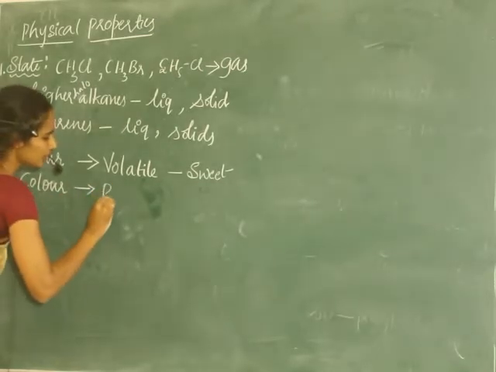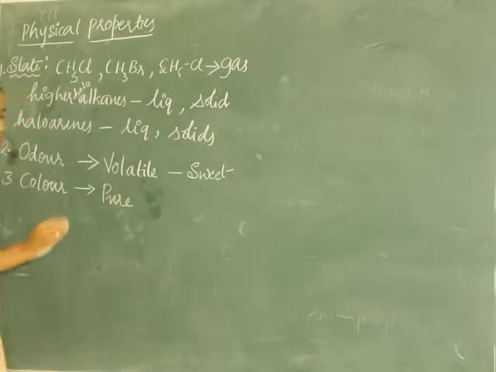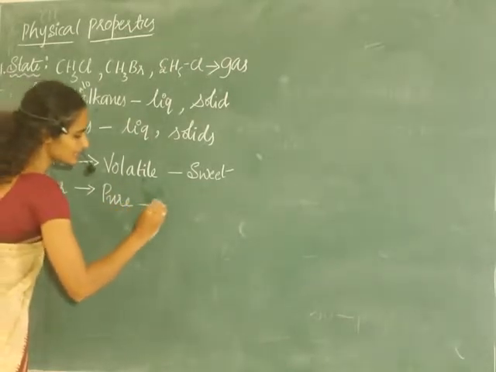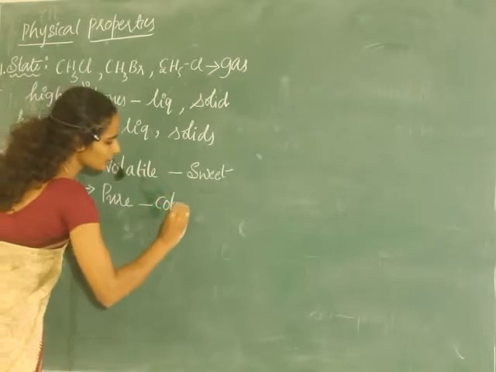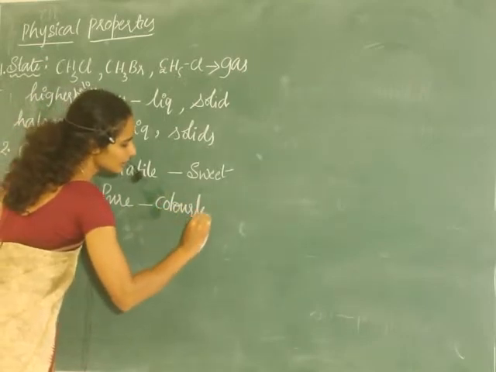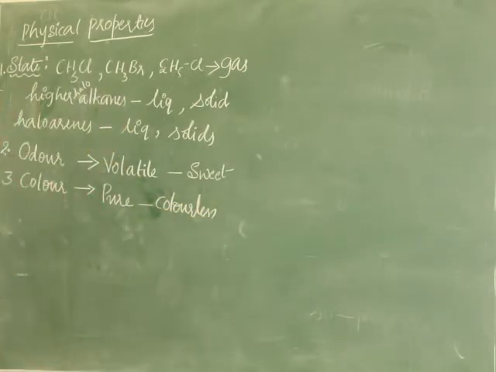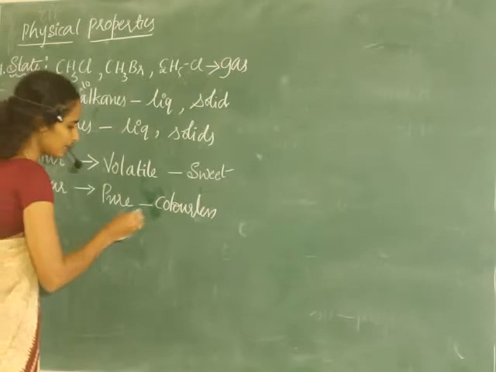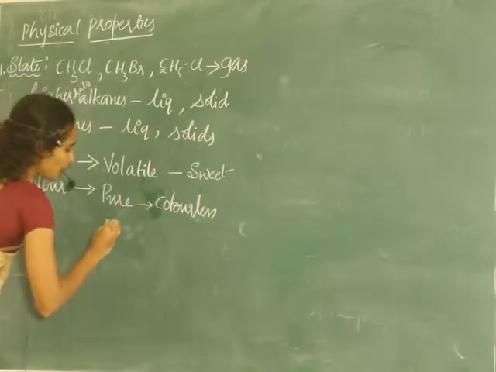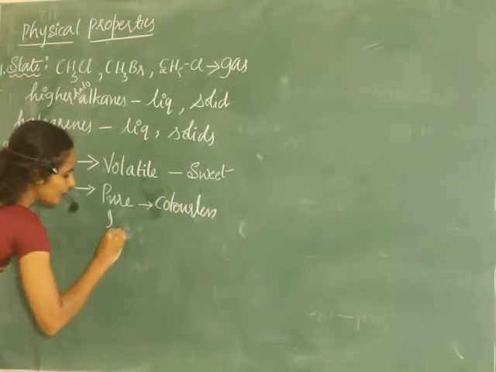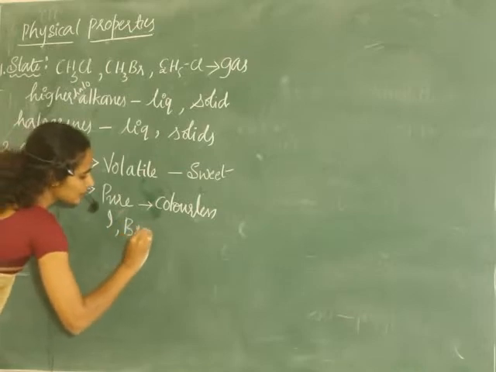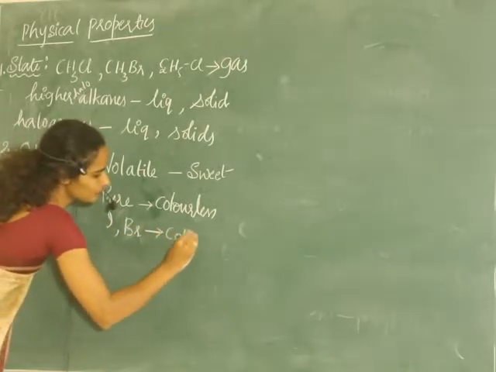In pure state, haloalkanes or haloarenes are colorless. But on exposure to sunlight, bromides and iodides impart color.